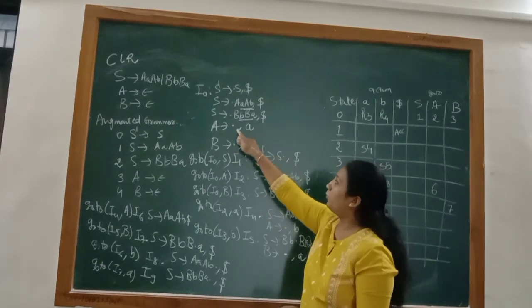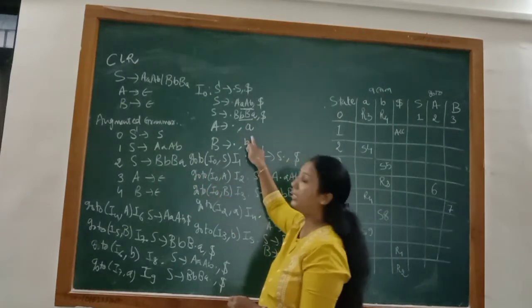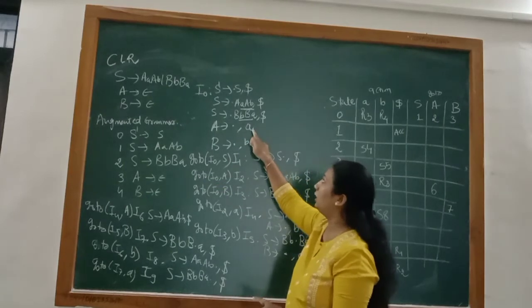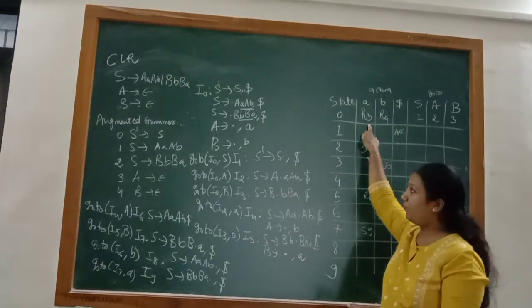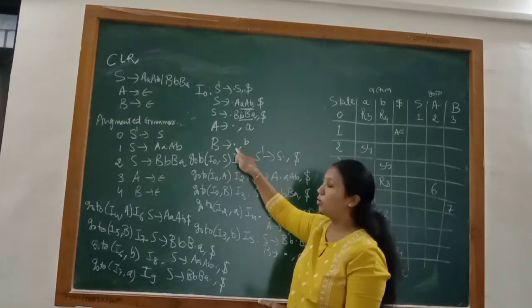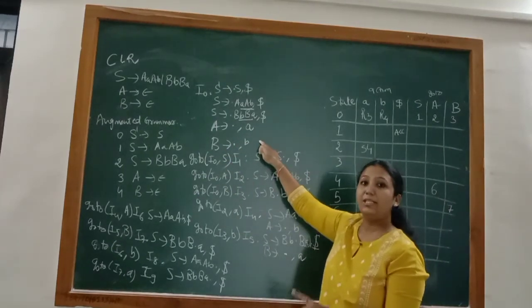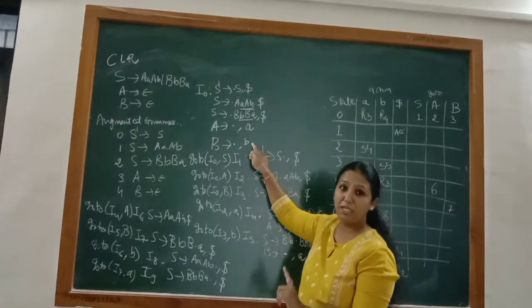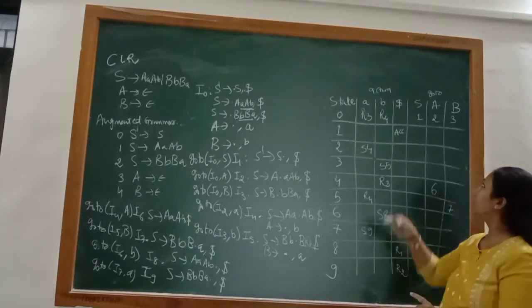So A2 dot, production number 3, is completed in I0, so R3 will be written in the look ahead A. Same way, the fourth production B2 dot is completed in state I0, so the R4 entry we will make in the look ahead B. This is the major difference between SLR and CLR.